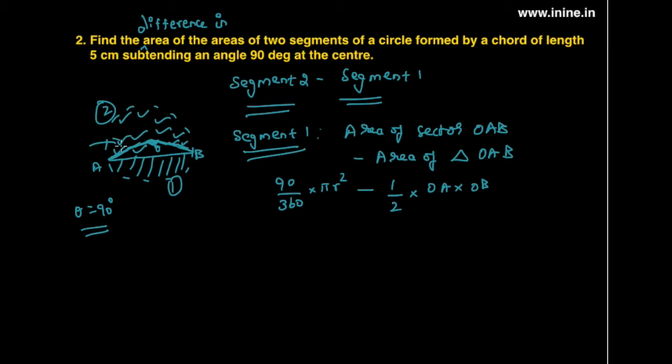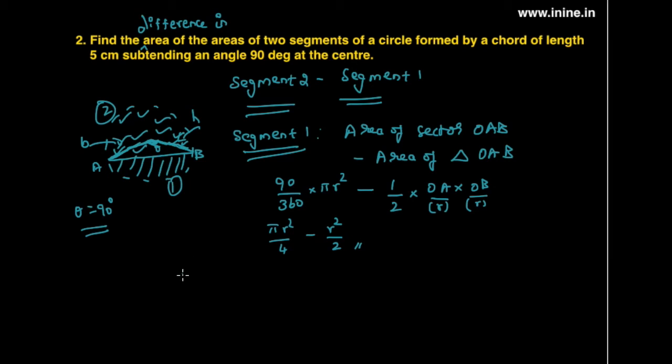Let's say in this case OA is the base and the other side is the height. So half into OA into OB. But OA and OB are nothing but the radius. So therefore we can write pi r square by 4 minus r square by 2. So this is for segment 1.